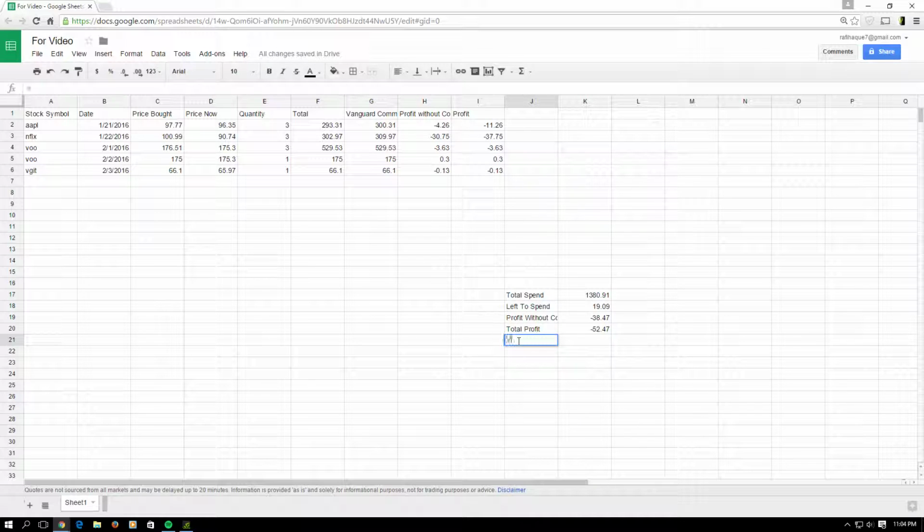And the valuation, so if you sign into your Vanguard account, this is the number that you most likely see, and that would be $1,400 plus the sum of this.